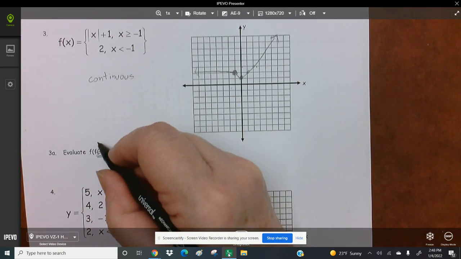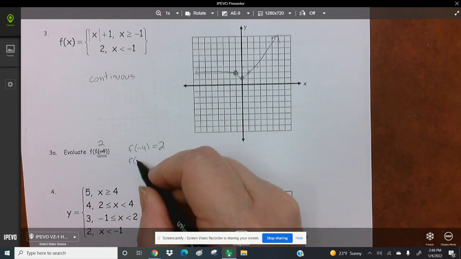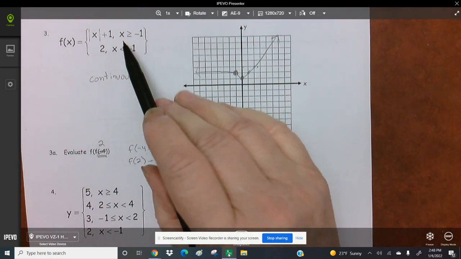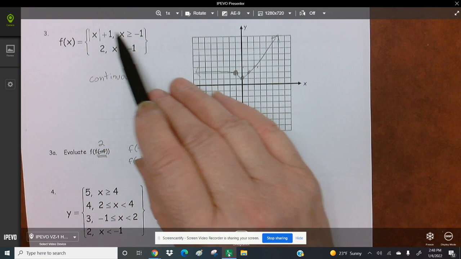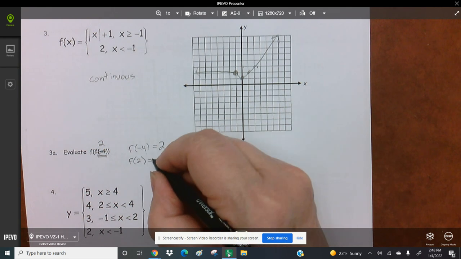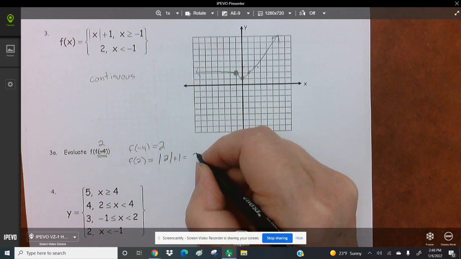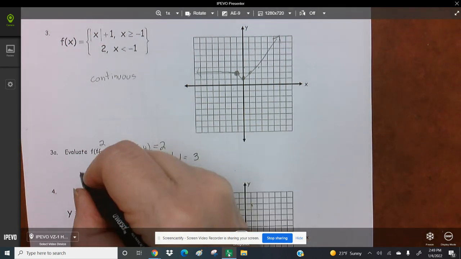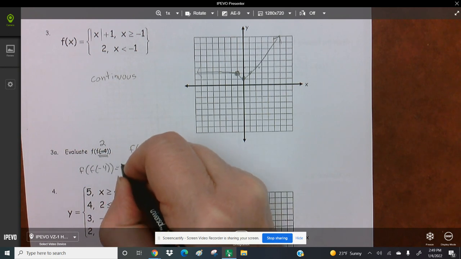So now that I know that this is 2, I have to find out what is f of 2. So we're going to go back up to these functions. 2 is greater than or equal to -1, so it's going to be true for this function. So I know this is going to be the absolute value of 2 plus 1, which is 3. So now I know that f of -4 equals 3.